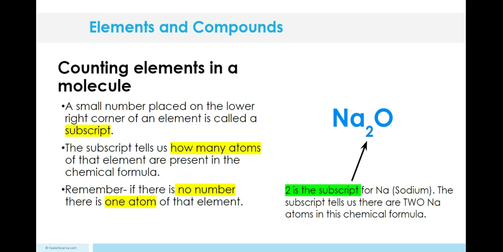So looking at our example of Na2O, 2 is the subscript for Na, for sodium. The subscript tells us there are two Na, or sodium, atoms in this formula. And if you look at the O, which is oxygen, there are no numbers. So that tells us there is only one oxygen atom in this formula.